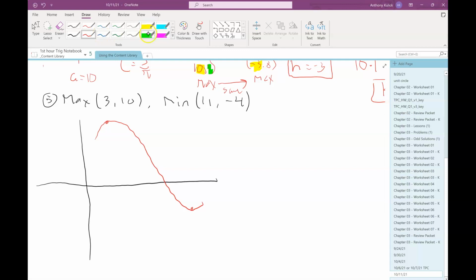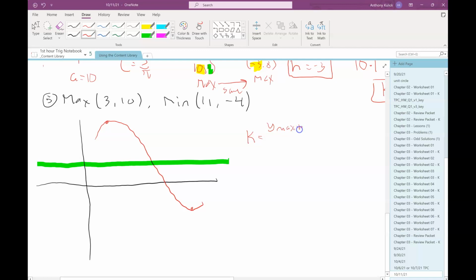So the first thing I'm going to do is find the value for k, because I know that the k needs to be halfway in between the minimum and maximum. So that's going to be y max plus y min divided by 2. So that's going to be 10 plus negative 4 divided by 2, which is 3. And then my a value, my amplitude, has to be the distance back to there.